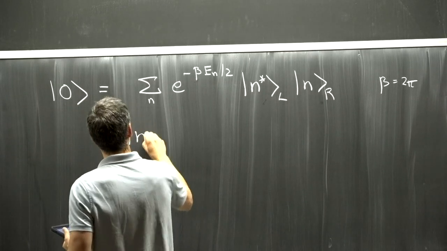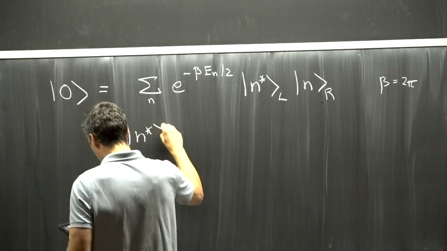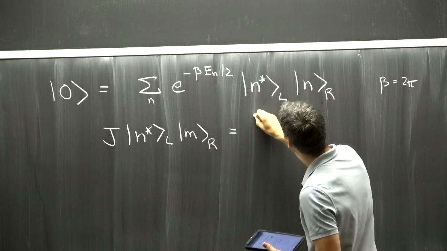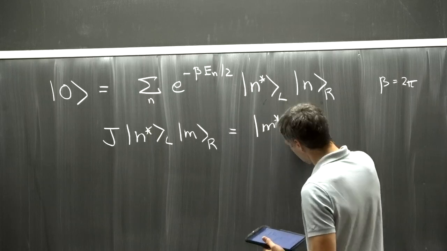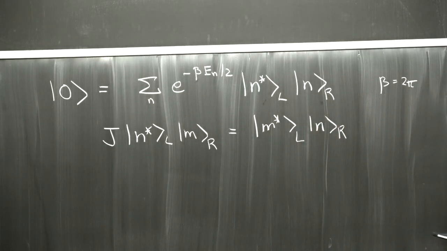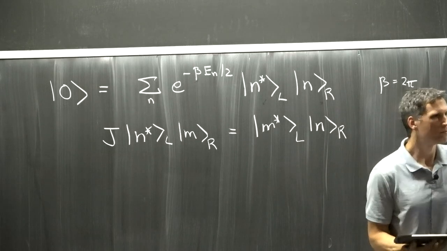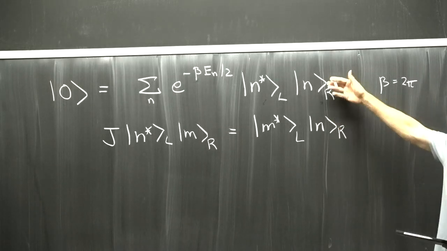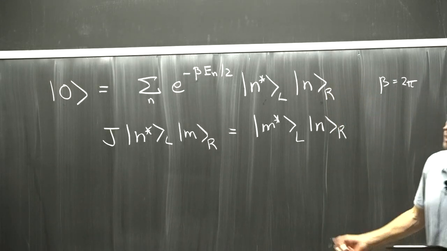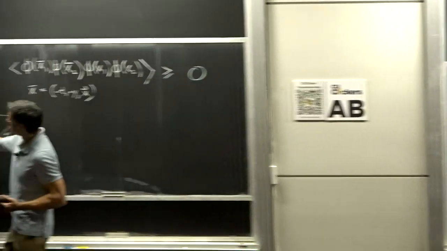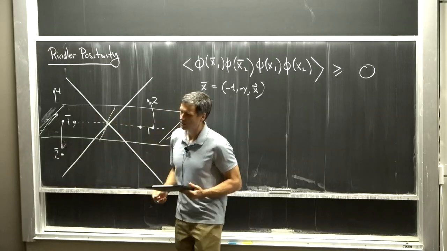So J n star L m R is m star L n R. Okay, so this is the well-known fact that Minkowski space is a thermal state in Rindler space. And this state here is an entangled state. It's called the thermofield double. It's an entangled state of the states on the left Rindler wedge and the states in the right Rindler wedge.